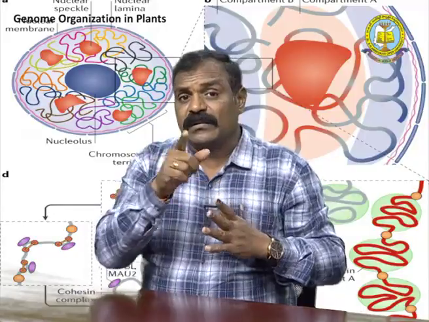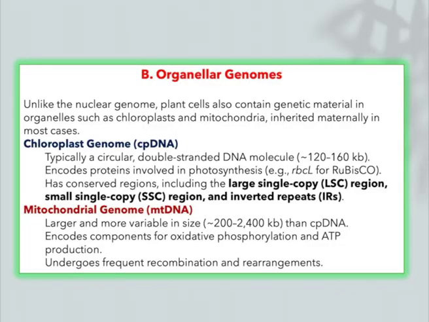It has conserved regions including the large single copy (LSC) region, the small single copy (SSC) region, and inverted repeats. These three parts are observed in the chloroplast DNA.